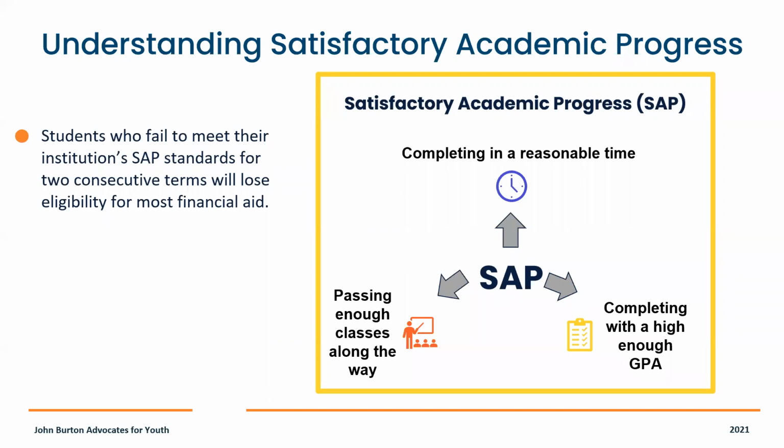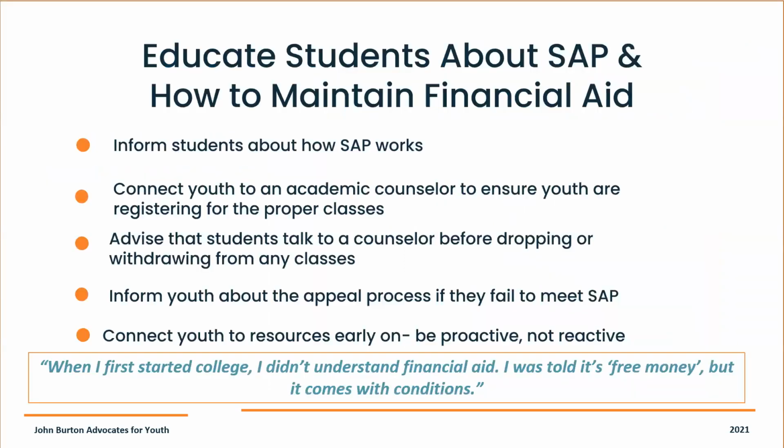On the next slide, we have some helpful tips about how to educate students about SAP, just making sure that they're aware of the SAP standards, and then ways to help them maintain their financial aid. We really strongly encourage adult supporters to talk to students about their institution's SAP standards and then connect them with an academic counselor as soon as possible to ensure that they're registering for the right classes.